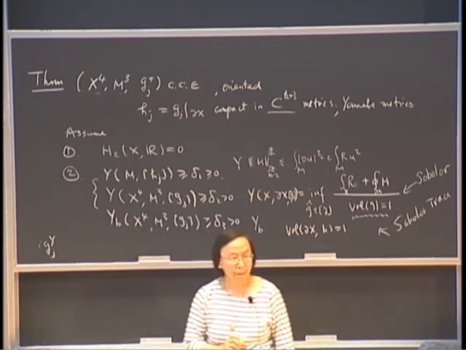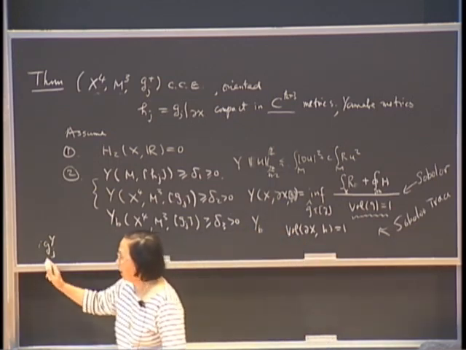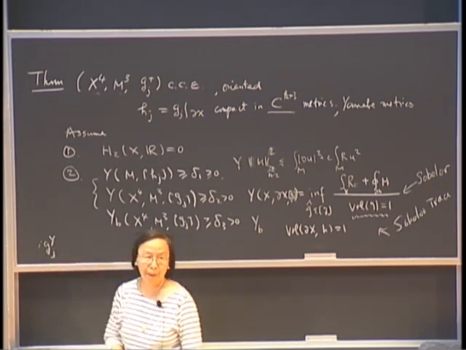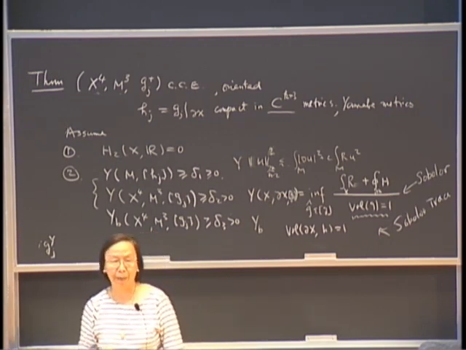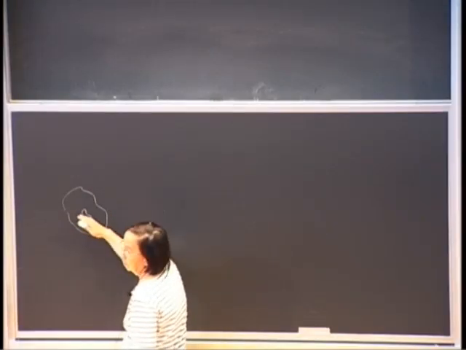But in this case, the main problem is the boundary Yamabe metric, this Gj restricted to the boundary. We don't know how to relate it to the boundary Yamabe metric. That is, suppose we have a domain, say a region. We can solve the Yamabe problem in the interior.